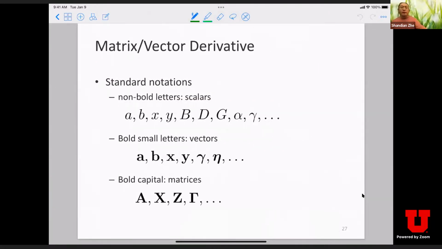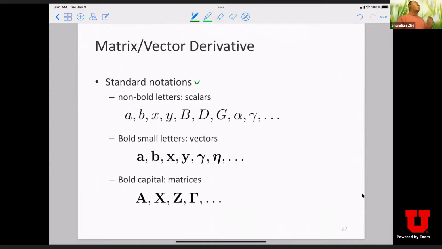Okay, we're going to start with the matrix vector derivatives. Before that, we're going to introduce some standard notations. It's always good to keep those notations in your paper writing or technical report to avoid confusing other people. So in the whole world of algebra, we usually need to deal with scalars or numbers, vectors, and matrices.